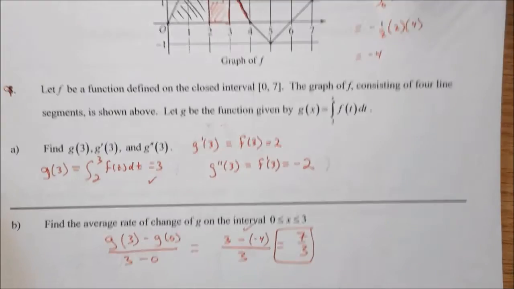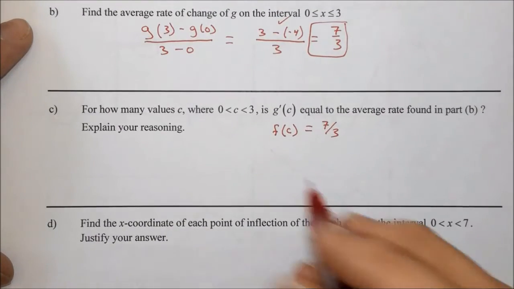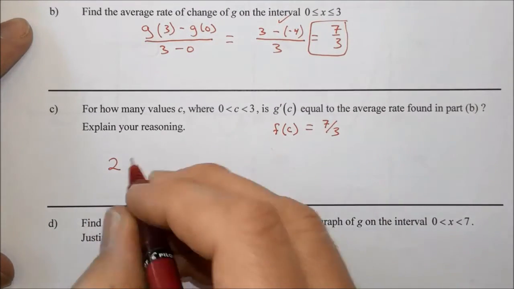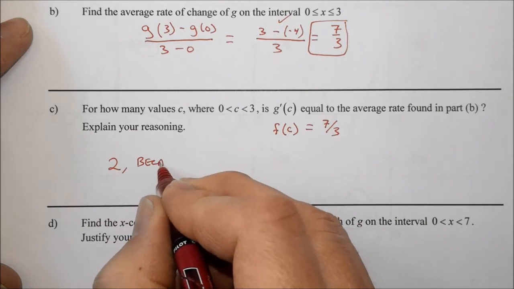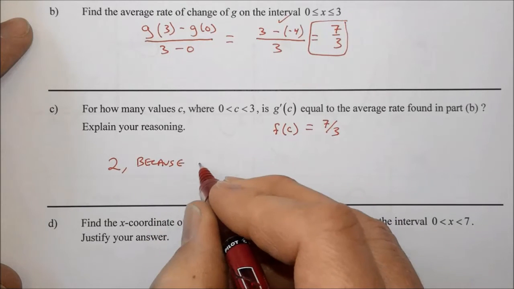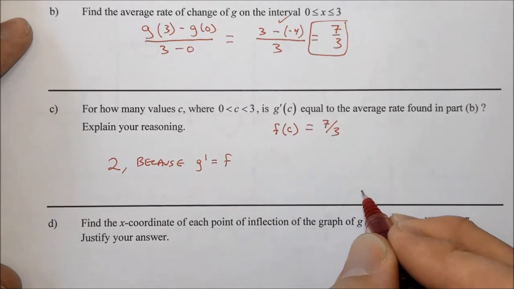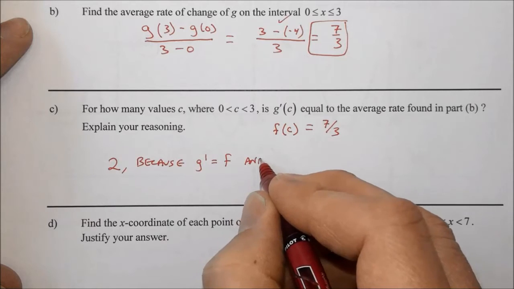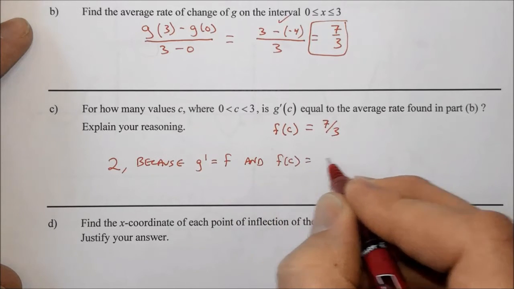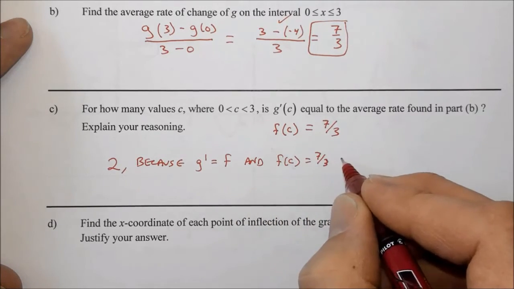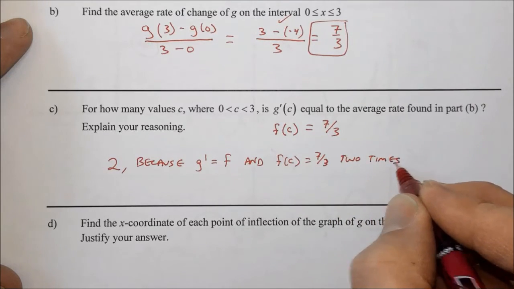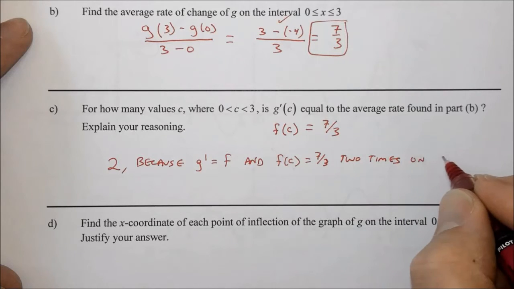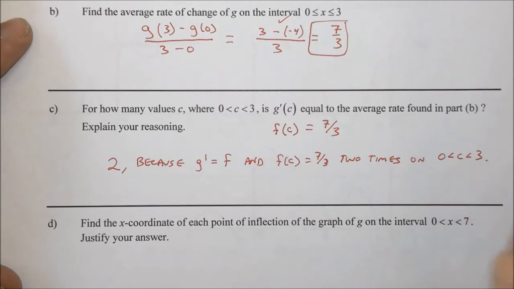So our answer is 2. All right? And it says explain your reasoning. Right? Because g prime equals f, and f of c equals 7/3 2 times on the interval from 0 to 3.